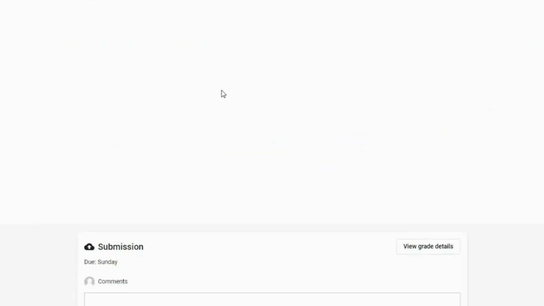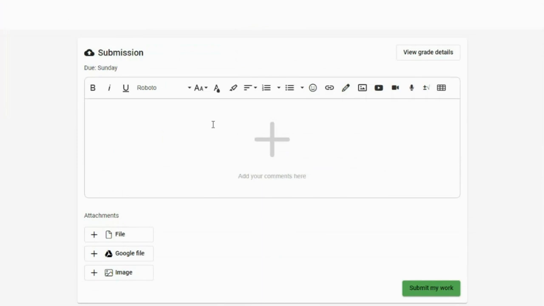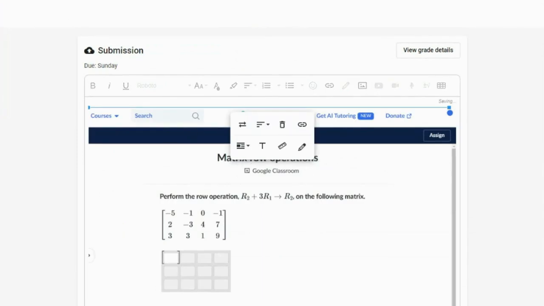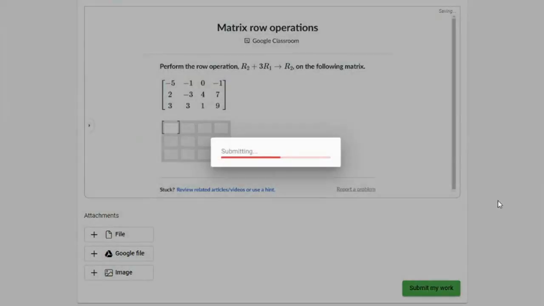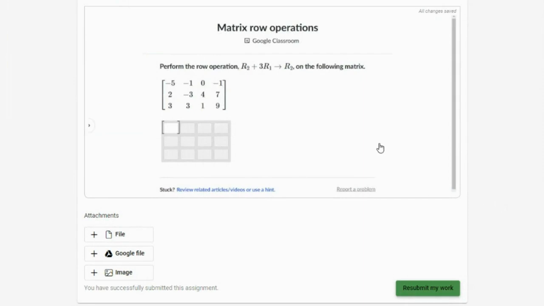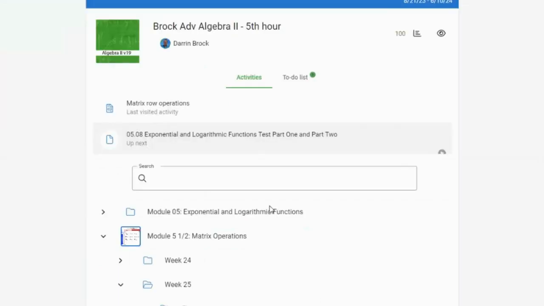I'll go back here, and remember, you have to scroll down and paste your screenshot in that box. It says I got 4 out of 4, and I'm going to submit it. And then you're done with that.